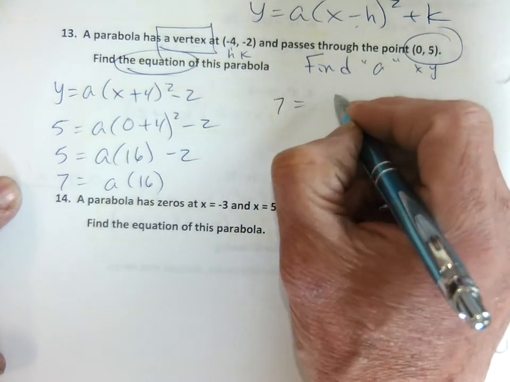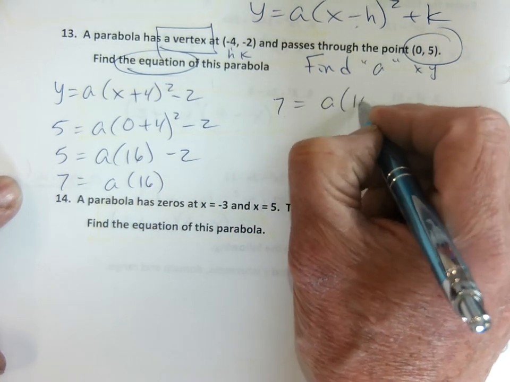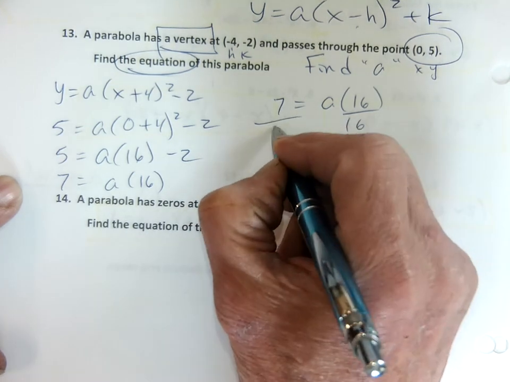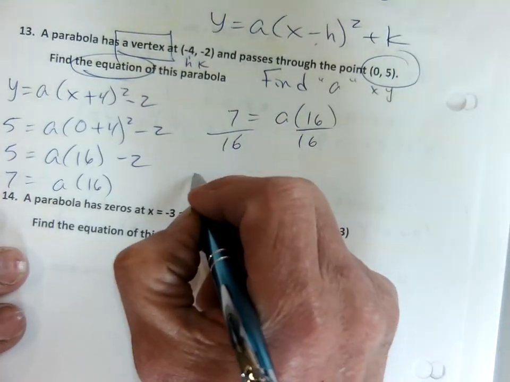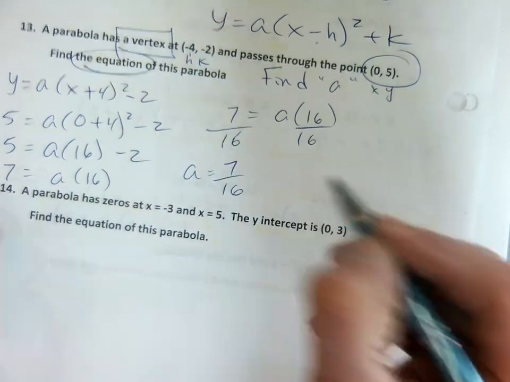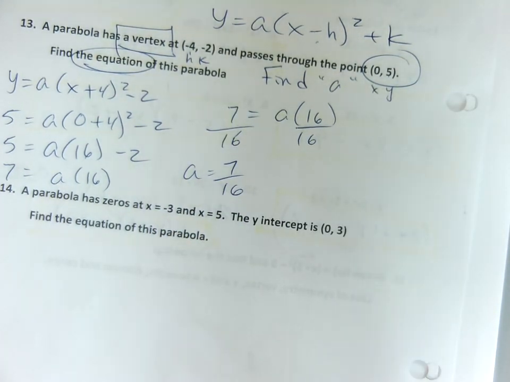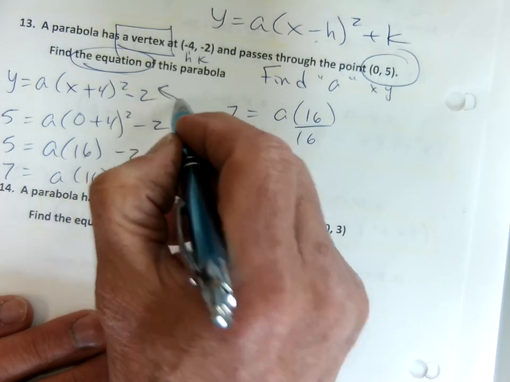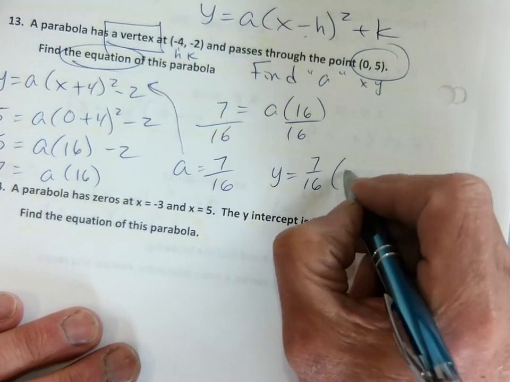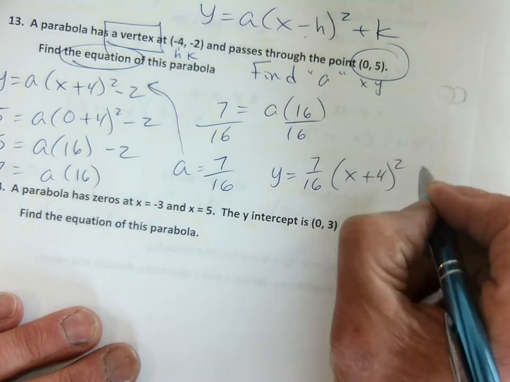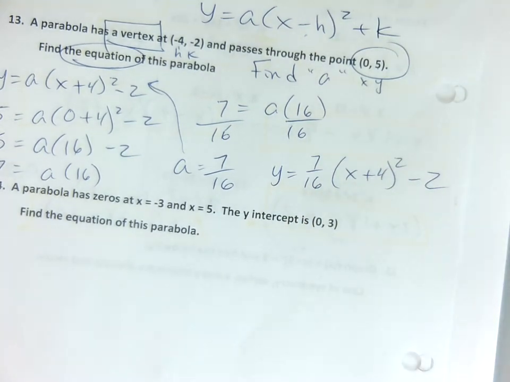Let's see, 7 equals a times 16. Divide by 16, divide by 16. So there it is. A is going to equal 7/16. So my equation, let's go back to here. Y equals 7/16 times (x plus 4) squared minus 2.